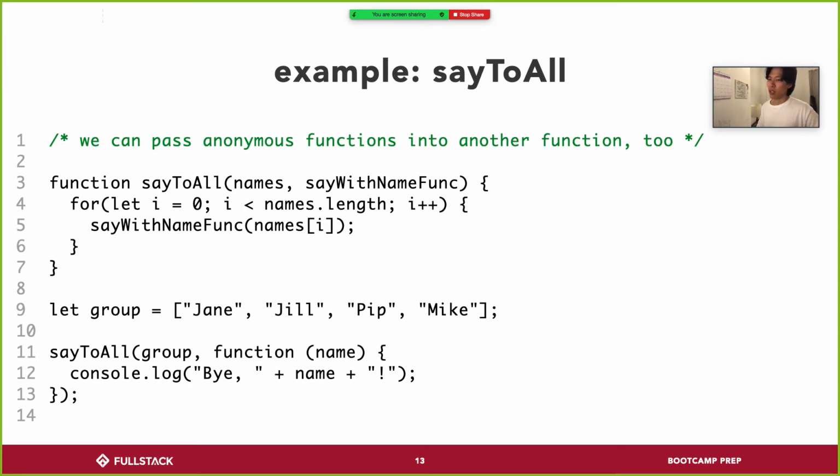Then it might be a time saver to just use an anonymous function and not name it. So essentially this is the same thing as before, but you're just defining the function directly in the parameter, which is perfectly legal.